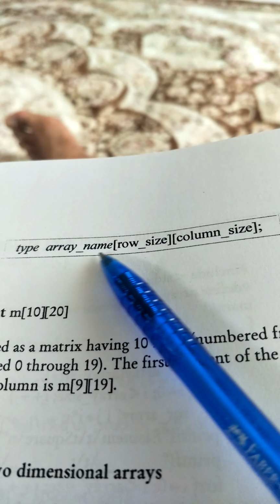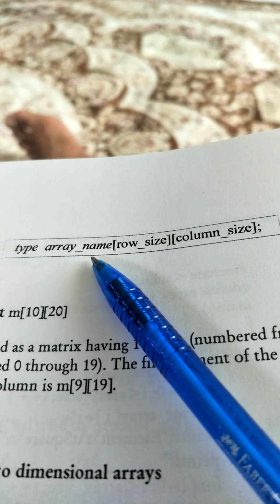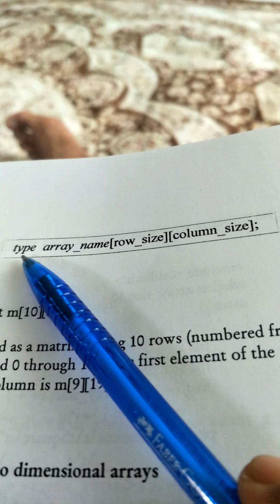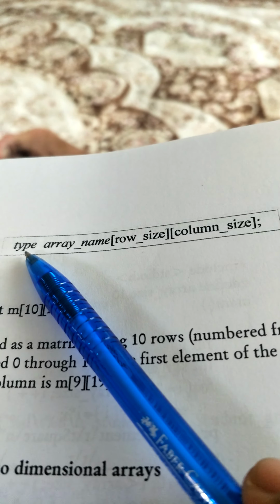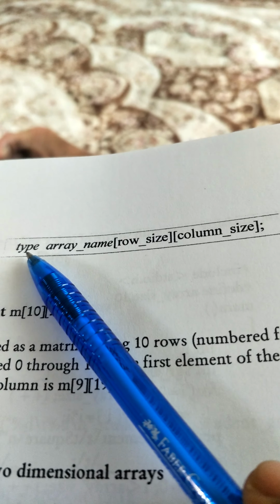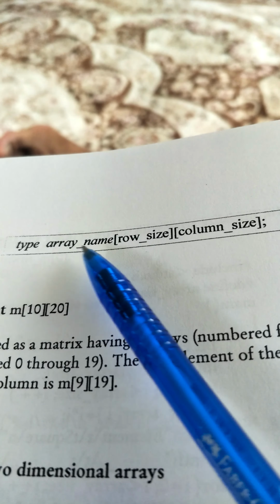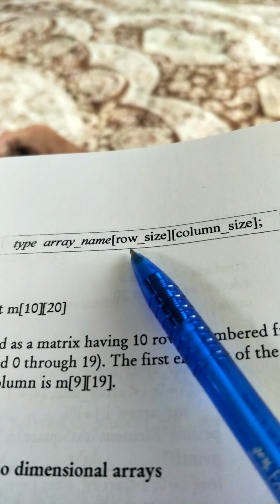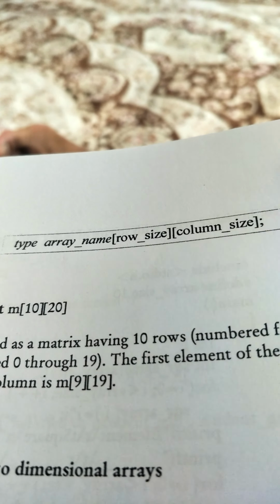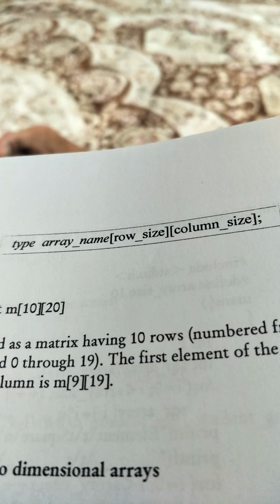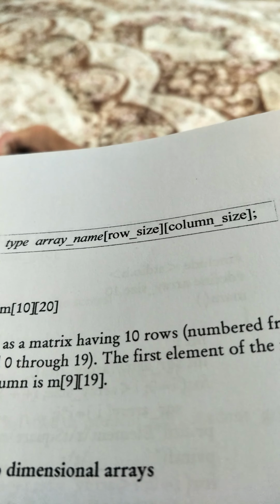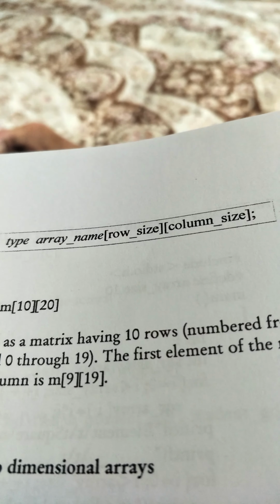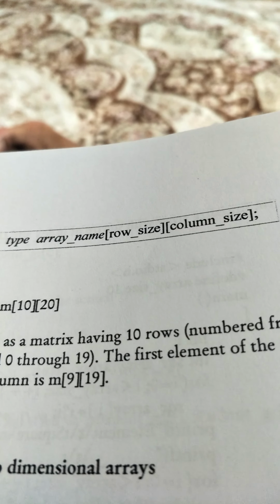The type can be integer, float, character or string, and then the size of the row and the size of the column. That's the general syntax to declare a two-dimensional array.